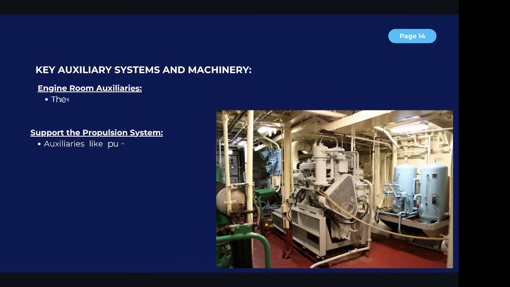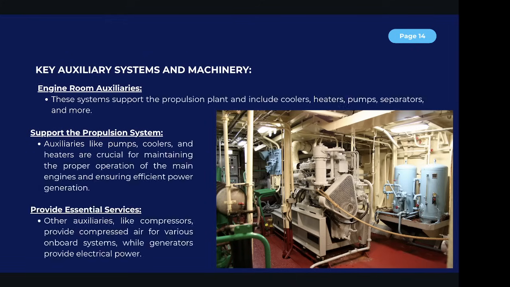So next is what we call the engine room auxiliary. These are the non-propulsive machinery and equipment that support the operation of a ship's main engine and other onboard systems.